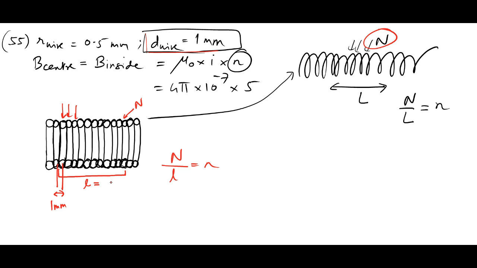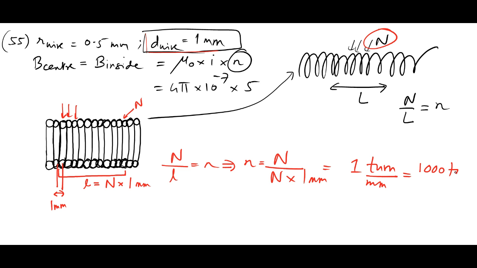So the total length is going to be capital N multiplied by 1 millimeter, and so clearly small n, the turn density, would be capital N divided by capital N into 1 millimeter, and that is 1 turn or 1 loop per millimeter. Remember, we want SI units, so it's going to be 1000 turns per meter, and that is precisely the value which you substitute over here.